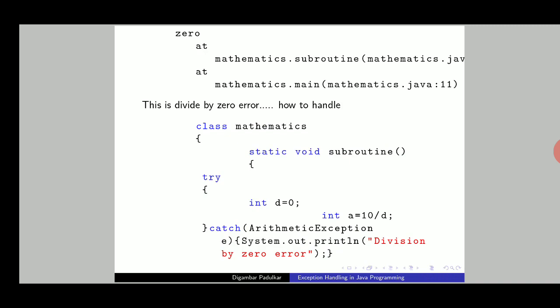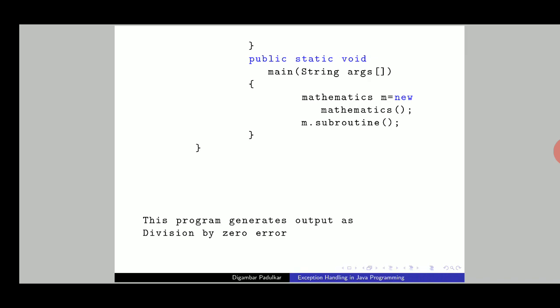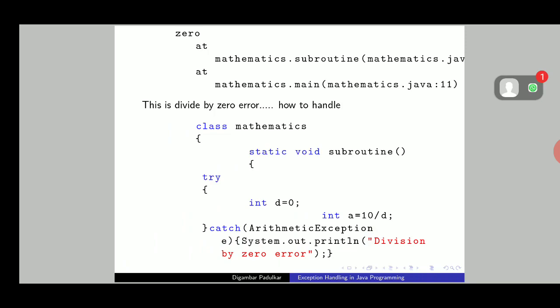Earlier we were catching what is generated by the system. Now we are going to generate it ourselves. So the output produced by this program is a division by 0 error. Basically that's an exception which we caught.